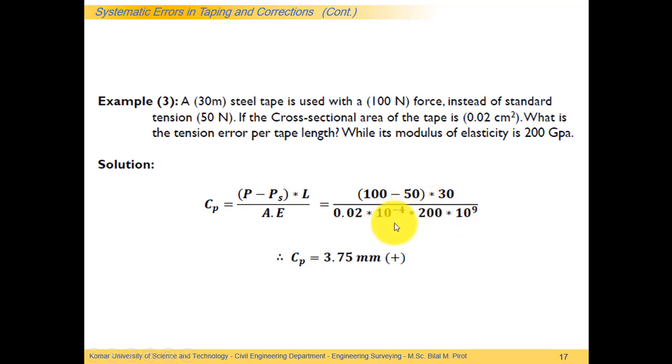This is for equalizing the units, because all the units should be the same. For example, we have centimeters, and we have to change them to meters or millimeters, so we have to use the same units. Now Cp is equal to 3.75 millimeters, and it is plus. Why? Because we used a force that is more than the standard.